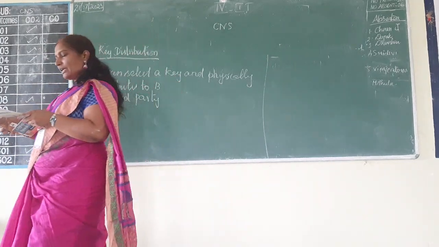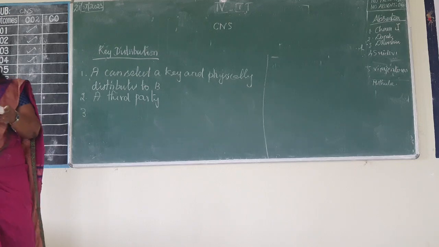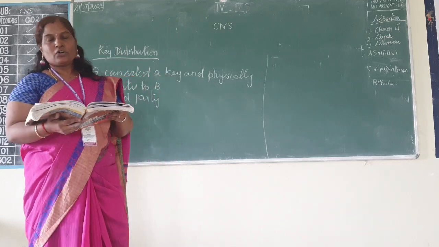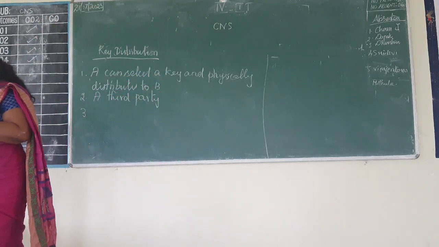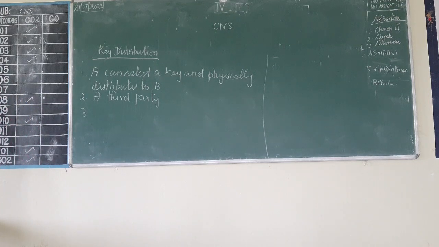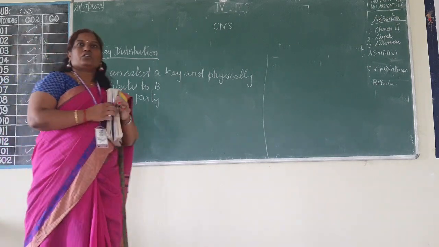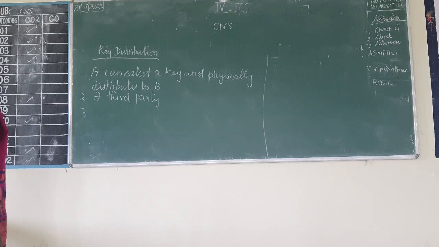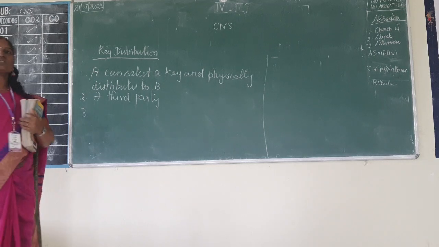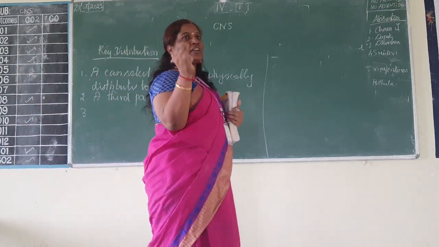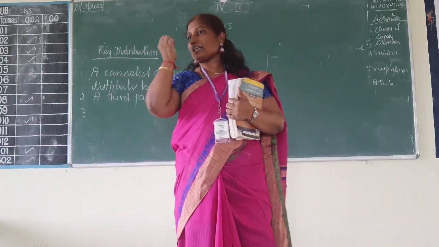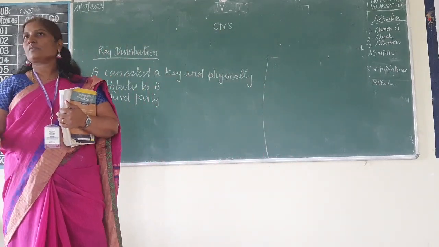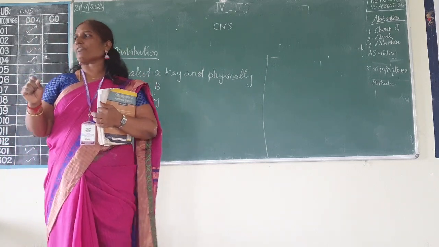And the fourth method could be: if A and B each has an encrypted connection to a third party C, C can deliver the key on the encrypted links to A and B. What is the meaning of this?